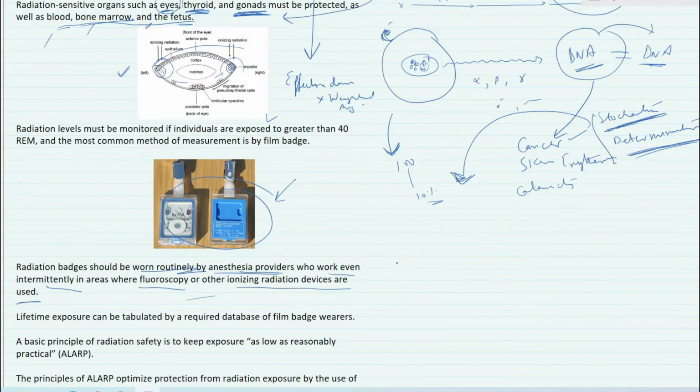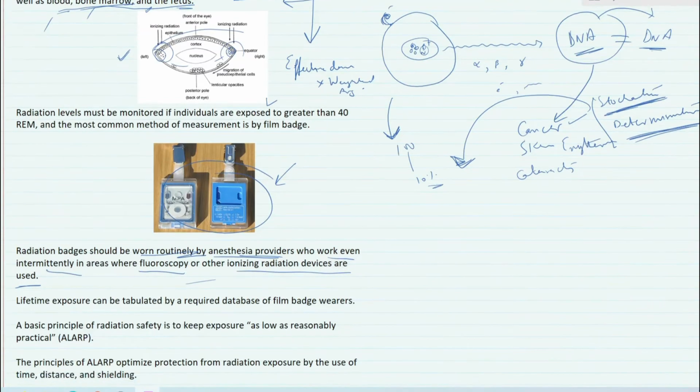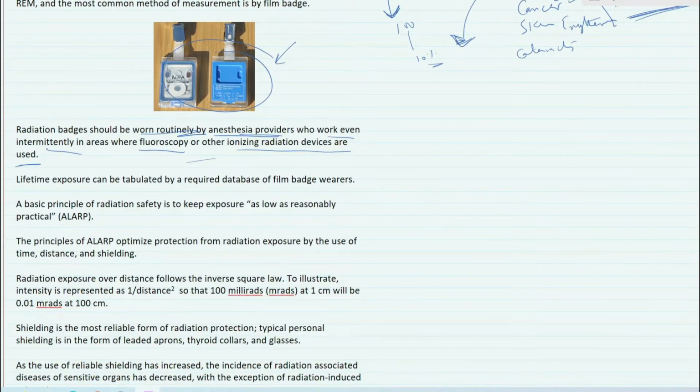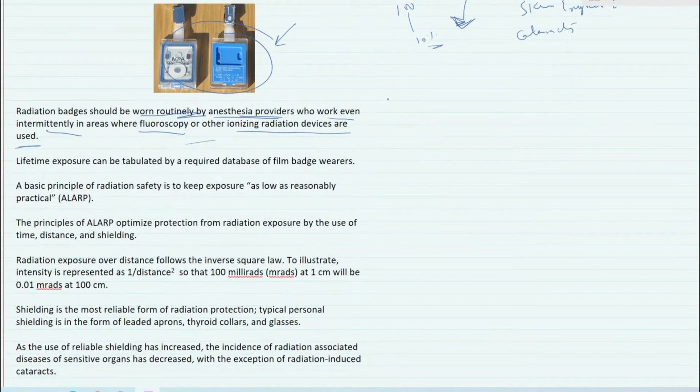That would be your radiology suites, or gastroenterology suites, where fluoroscopy is done almost in tandem. Now, lifetime exposure can be tabulated by a database of film badge wearers. We have their data and how much they get in a unit time, and we can always extrapolate it to how much lifetime risk they are going to have.